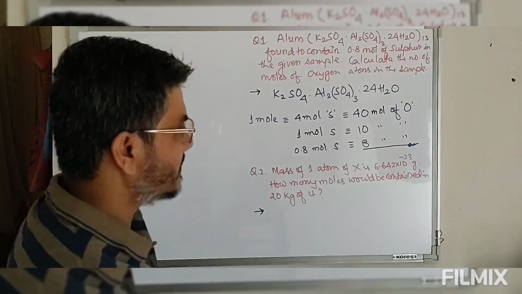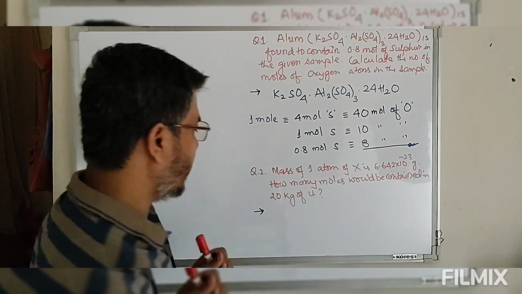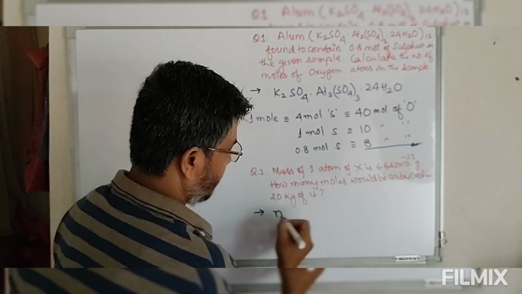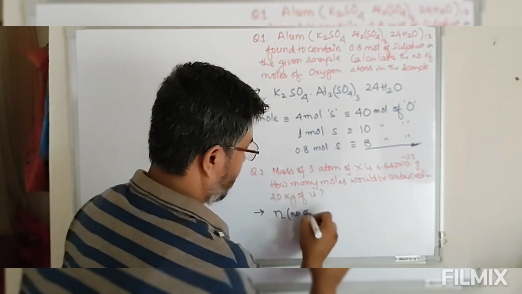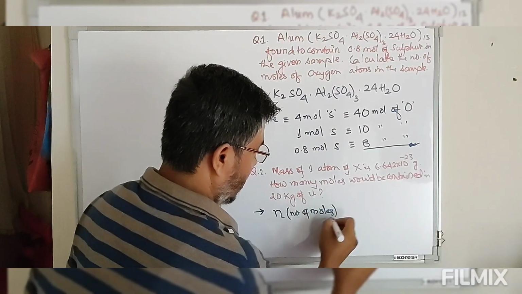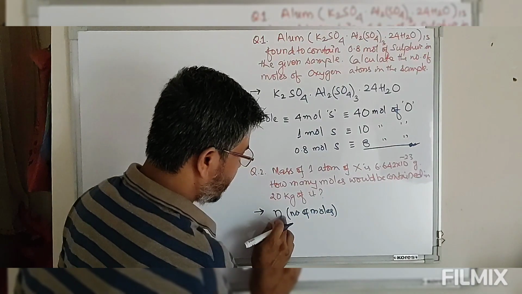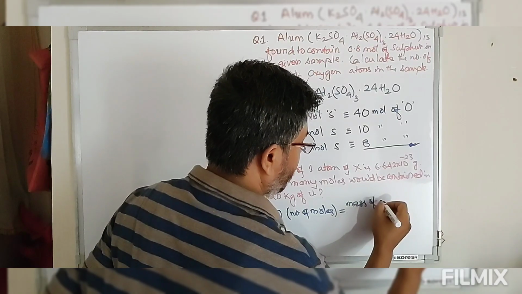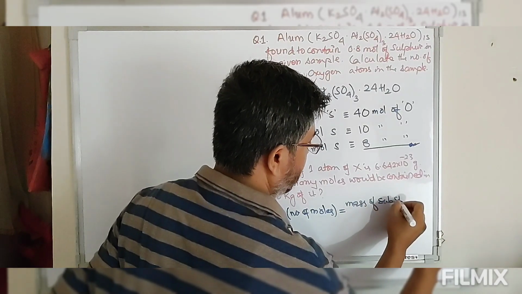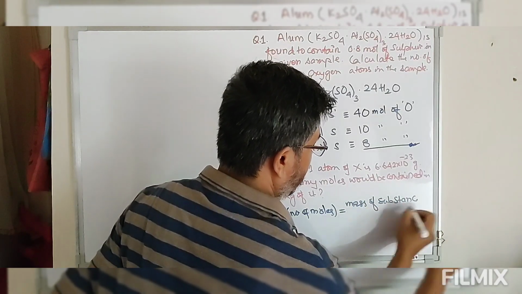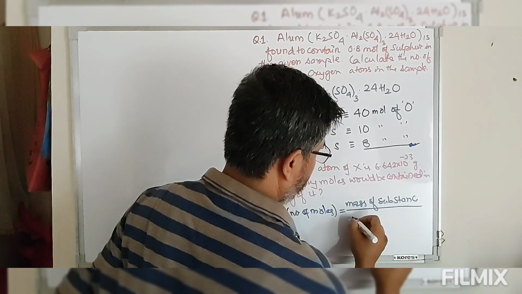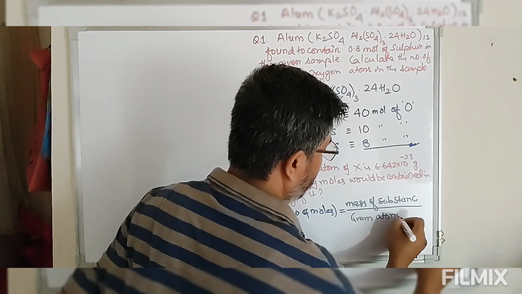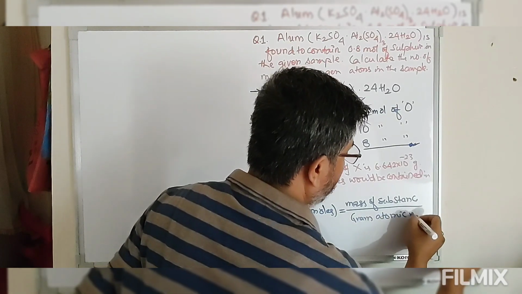Now while discussing the concept of mole, we defined the number of moles, n, of any given substance as the mass of the substance divided by the gram atomic or gram molecular mass.